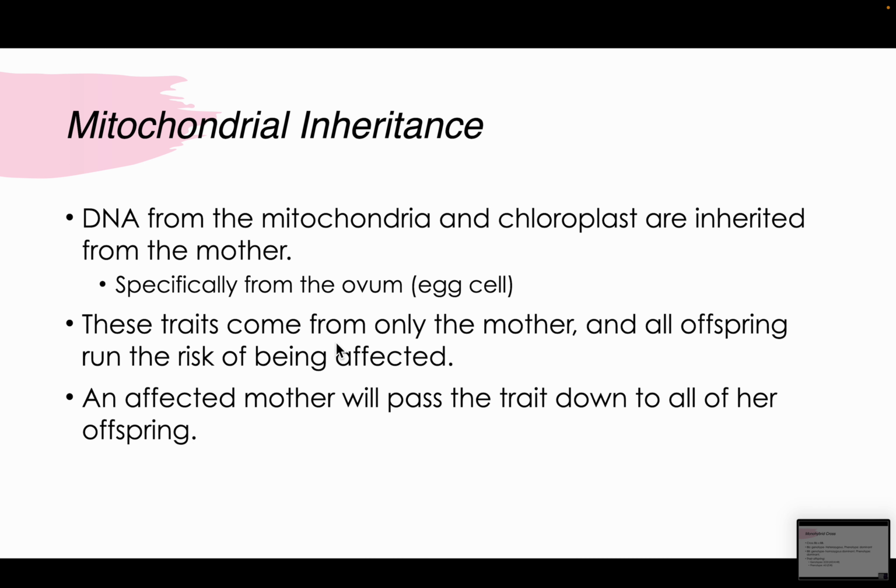So these traits come from only the mom, and all offspring run the risk of being affected. If your mom has a mitochondrial disease or disorder, there is a 100% chance you will also get that, because she is the person who provided the egg for you to exist. So daughters will always pass that down to their offspring, but the fathers will not.